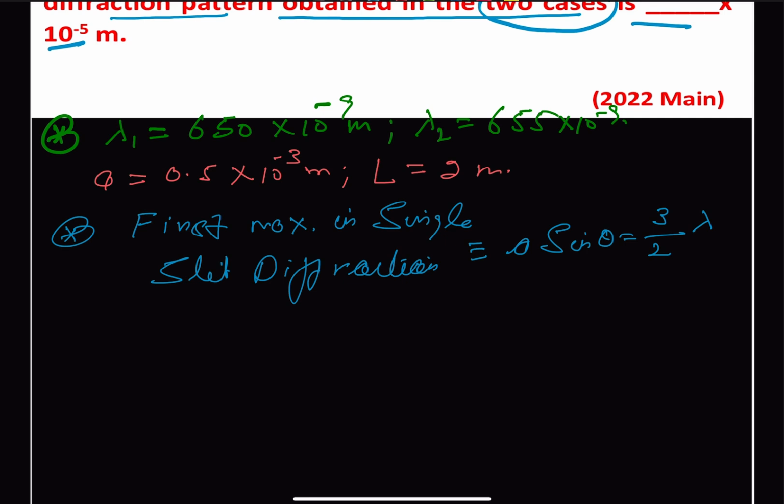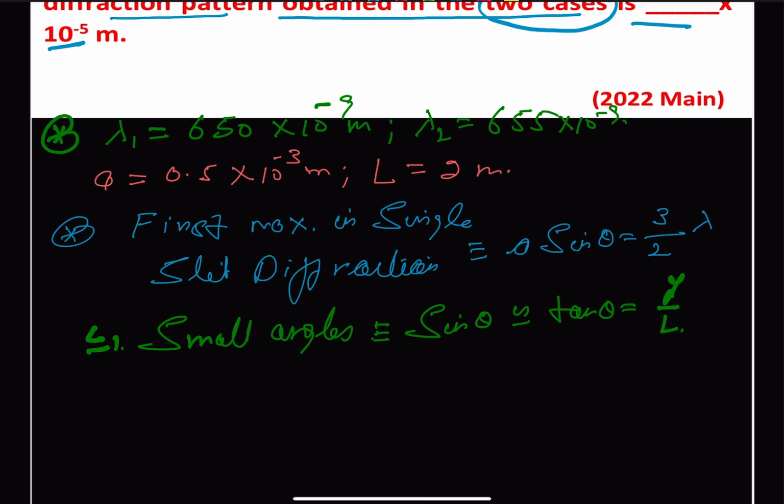The second one we are going to use is for small angles, which basically means that sine theta is approximately equal to tangent theta, and that will be equal to y upon L, and here y is the position on the screen.